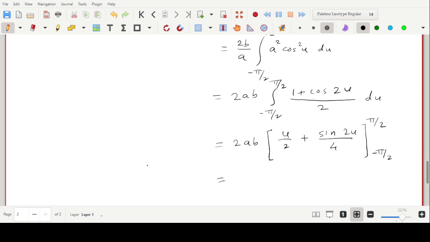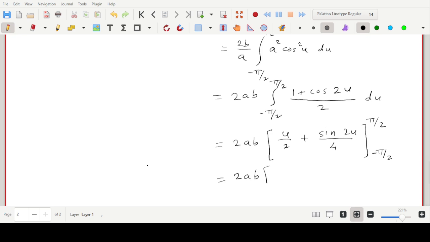Now when we substitute pi over 2 for u in this sine term, it becomes sine of 2 times pi over 2, which is sine of pi, which becomes 0, and similarly here it becomes sine of negative pi, which also becomes 0. So sine doesn't have any effect on this final quantity that we are going to compute.